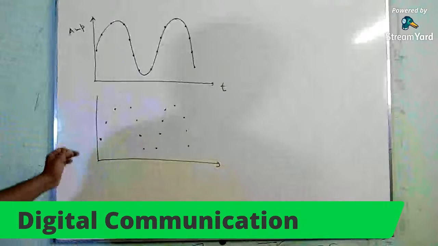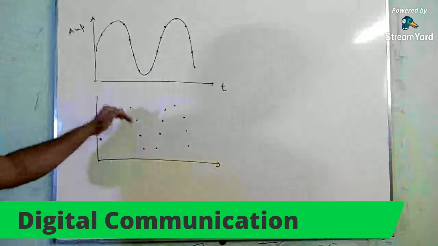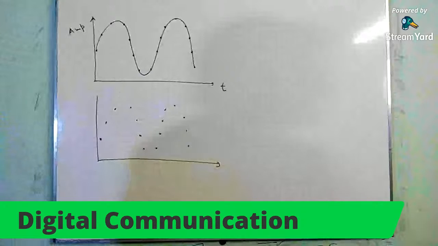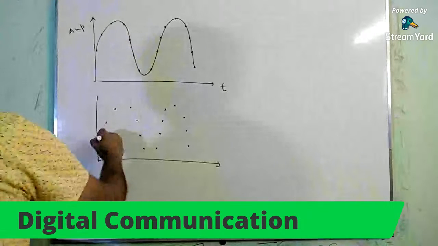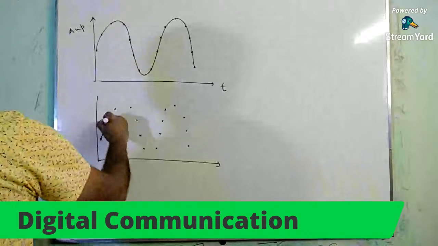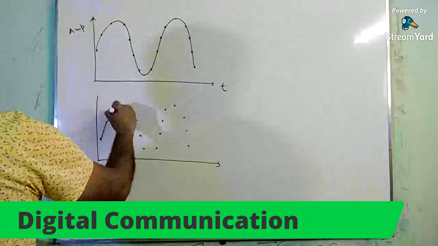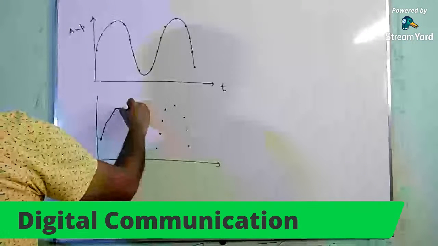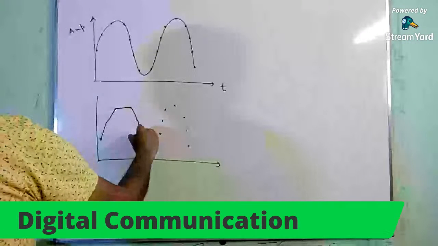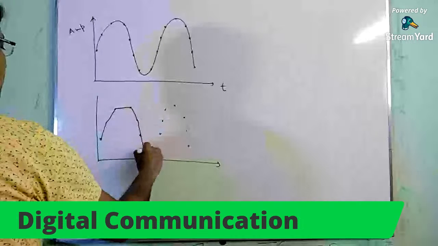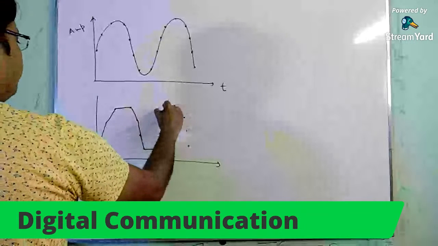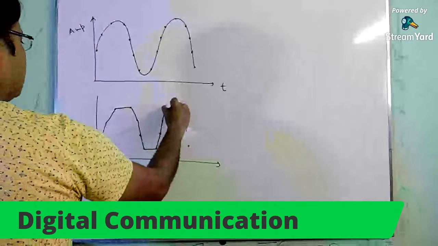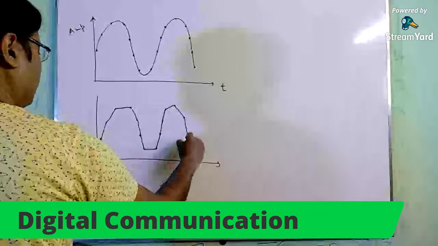Now, if the original signal is to be reconstructed from these different values, what will happen? I can draw or join these different points, and let's see what I find.